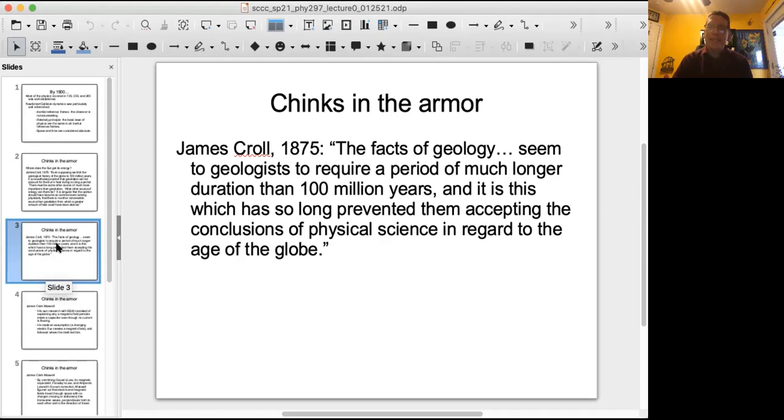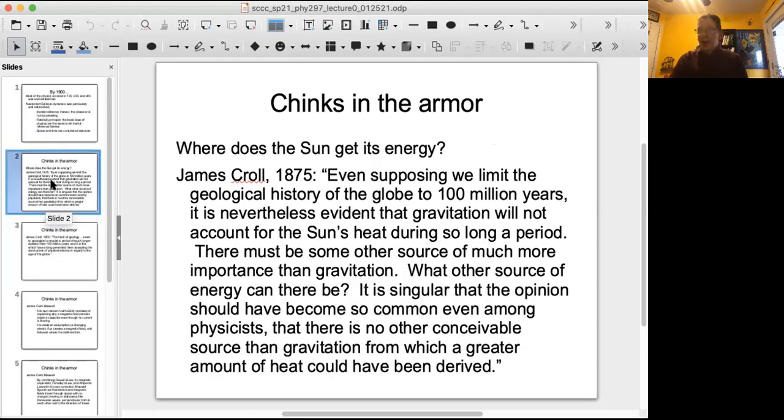Basically, physicists had concluded, based on the energy that they understood to be available, that the Earth couldn't be more than a few thousand years old.